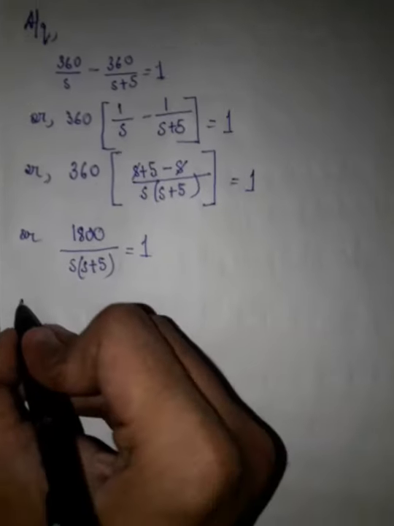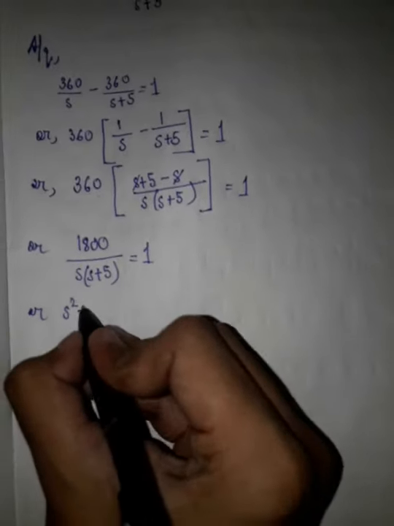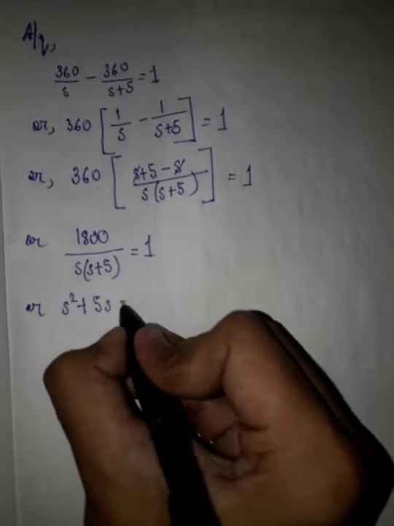So cross multiplying, s square plus 5s equals 1800.